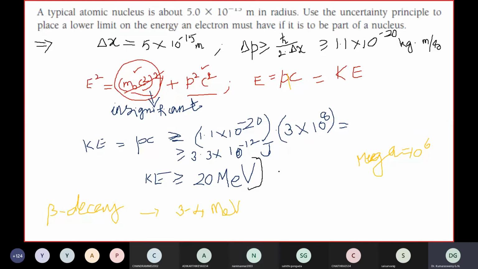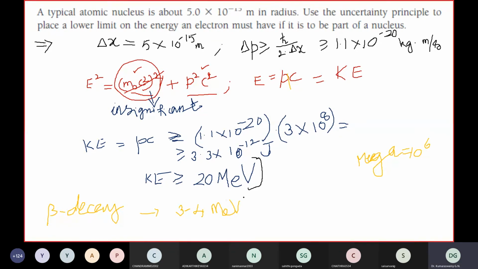Same 20 MeV. Same kinetic energy it had inside the nucleus, with the same energy it would come out. But experimentally, we have observed that electrons emitted from the nucleus have only 3 to 4 MeV as their energy.